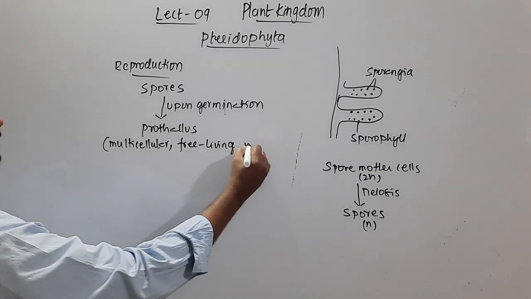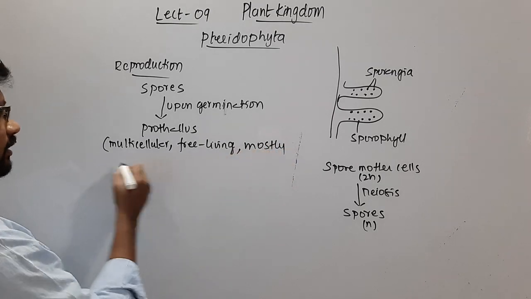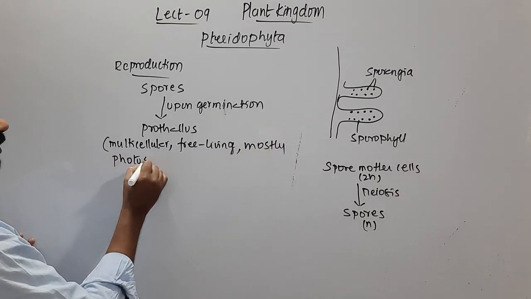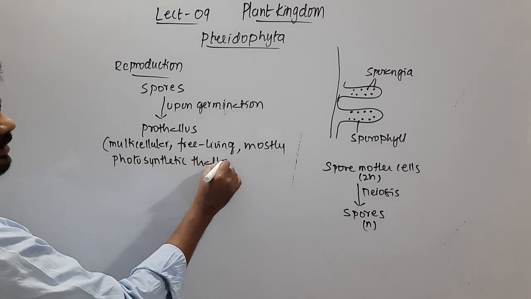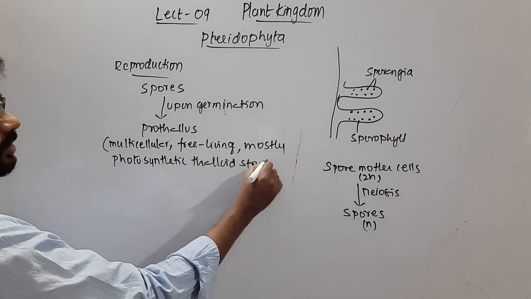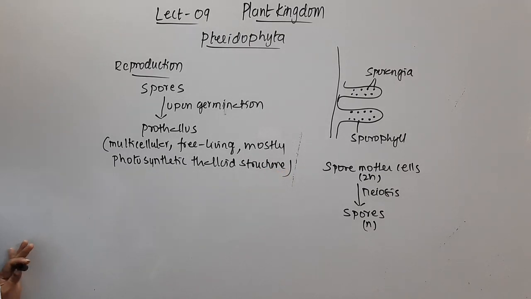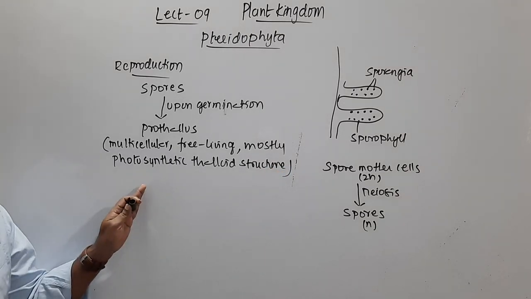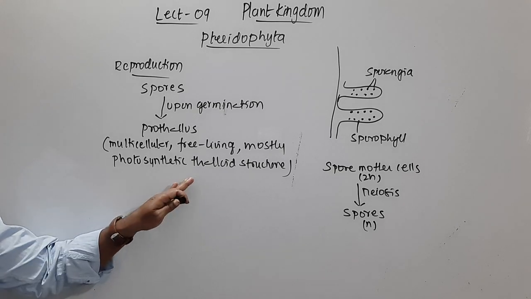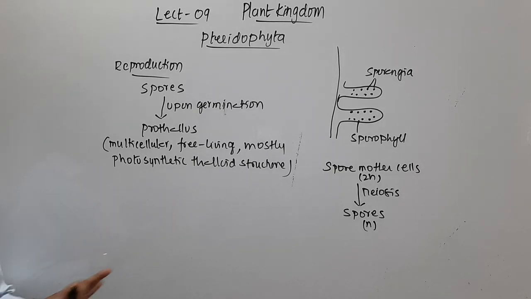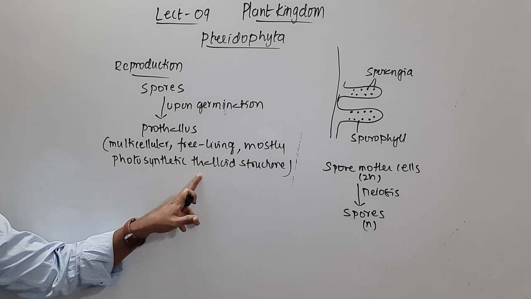a photosynthetic thalloid structure. Which means in most cases it will perform photosynthesis, and as its body is not differentiated, I call it a thalloid structure.